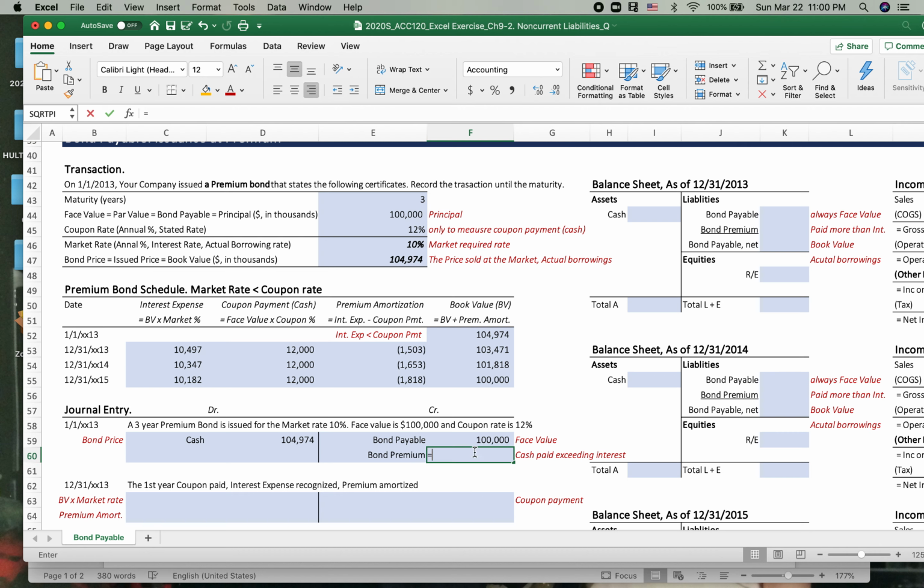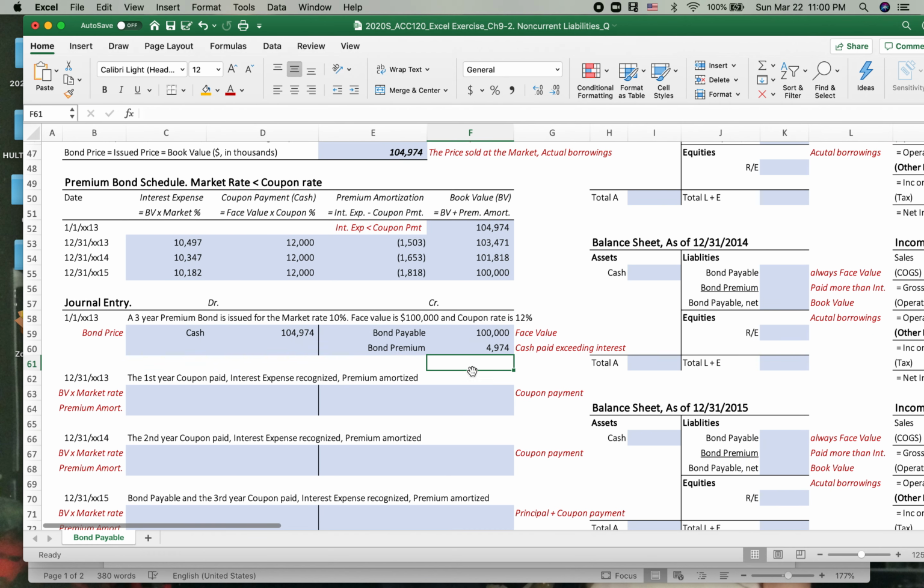So the difference between the issued price and the bond payable is the bond premium. Now we reduce this bond premium every year end by the difference between the interest expense and the coupon payment. In year one, the coupon is paid, the interest expense is recognized, and the premium is amortized.